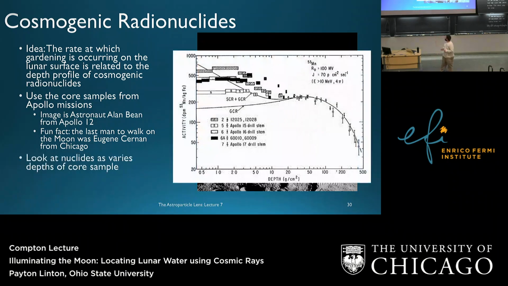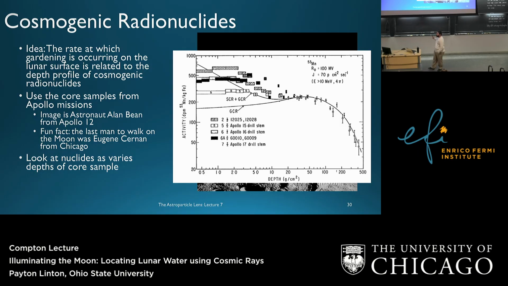But here's what we see when we looked at these core samples. So these black lines are the model of if there was no gardening happening, right? And so as you can see, as you go into the regolith, it immediately just starts dropping. And then eventually we get to the point where cosmic rays aren't even able to penetrate anymore. And so the number of cosmogenic materials or radioactive materials just plummets.